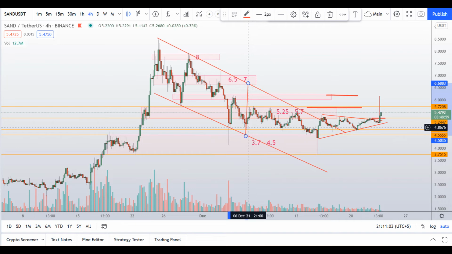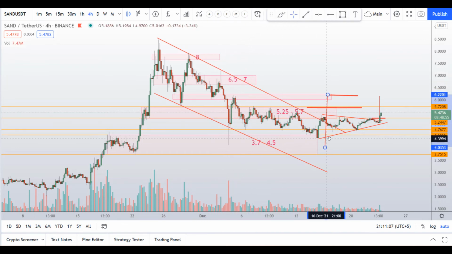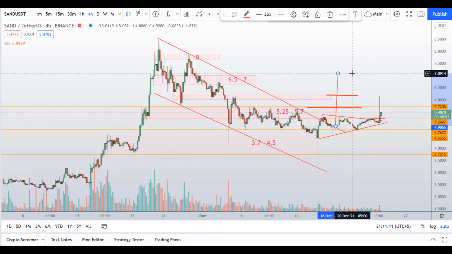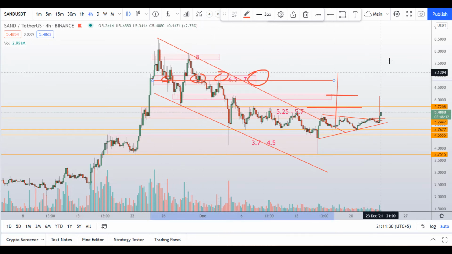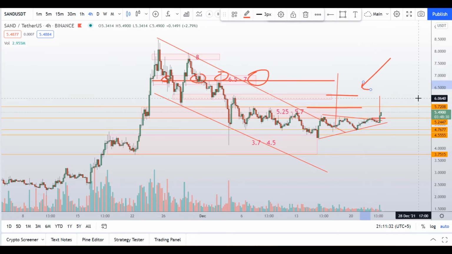If we do it like this for this falling channel and extend it, the third target would be at around $7, which is also the box high of this box, which is also a very nice support resistance area as well. So 3 targets in your mind right now.